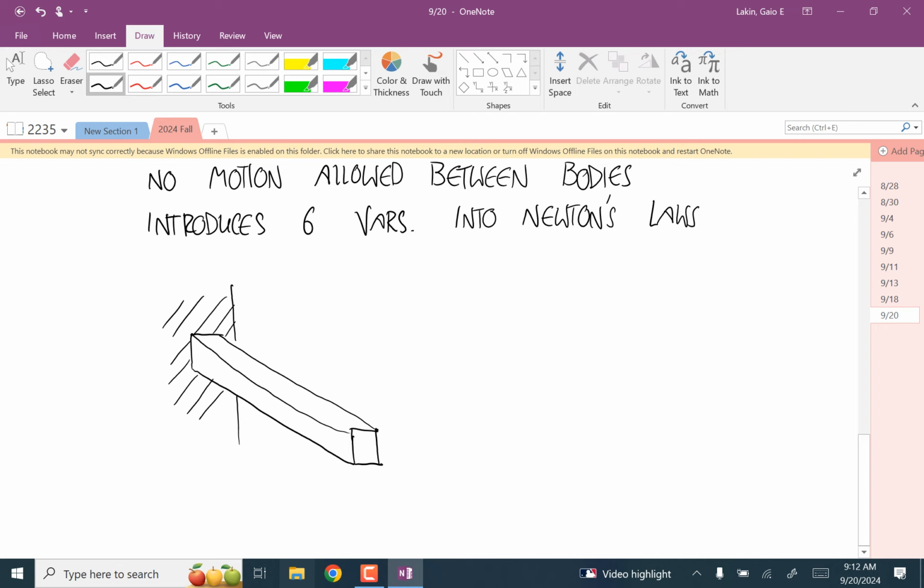You could even think of them as a single body, and a free body diagram. I'll call this body 1. Would look like this. And then there would be a couple components in all those directions too.